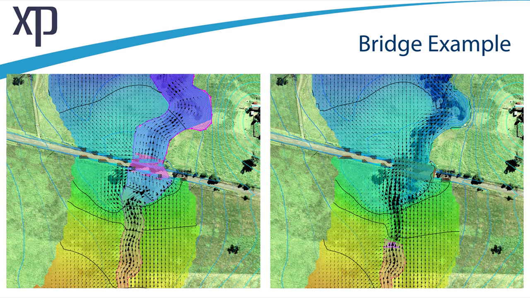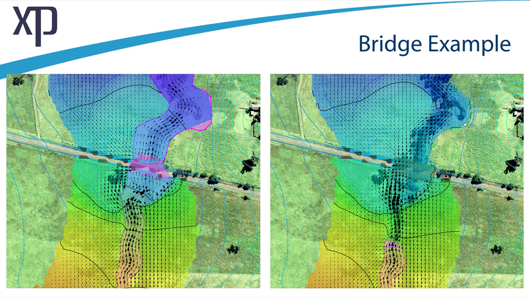When you run those models, you get these results. On the left is the fully 2D and on the right is the 1D 2D. So on the left we have the fully 2D image, and you can see that the flow patterns are quite nice compared to the ones on the right where you have a 1D approximation in here. But interestingly, both these models give a very similar afflux, which is in accordance with what we would expect.